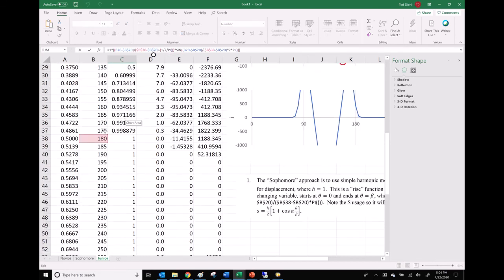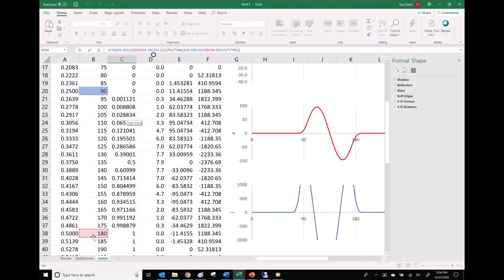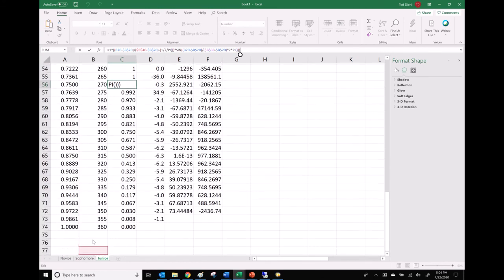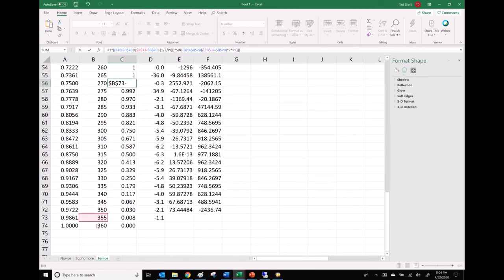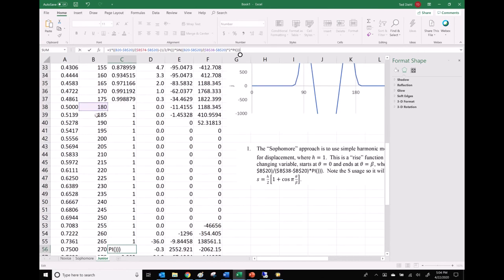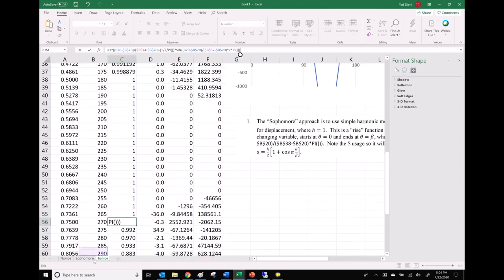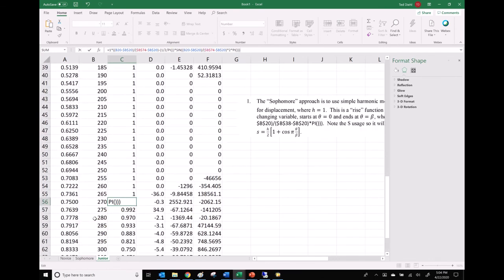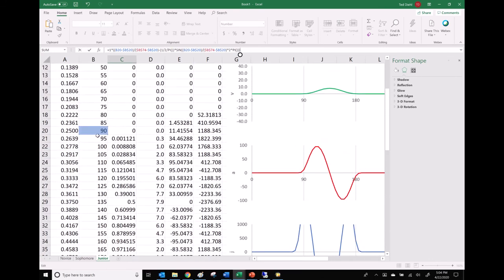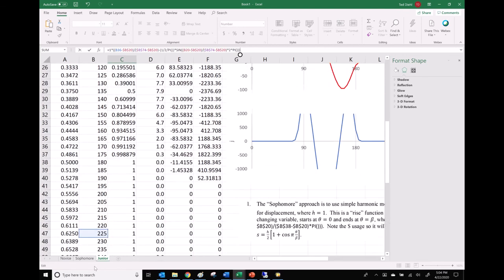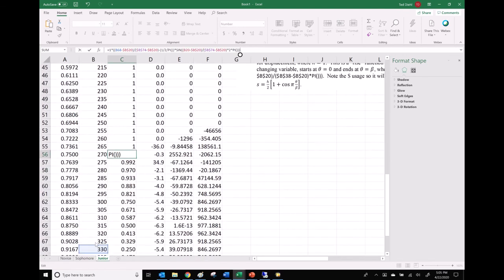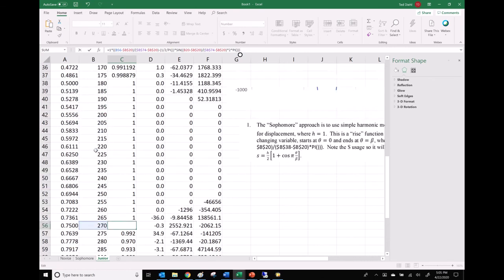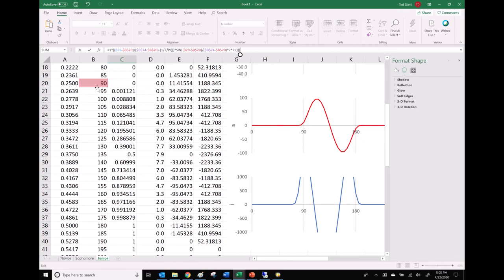Right, and so this guy at 180, everybody here should move to 360. Everything at 180 should have been moved. Now everything at 90 should have been moved to 270.